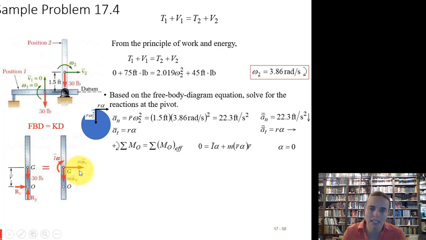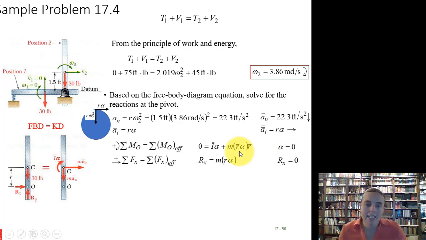You have to get the perpendicular piece of it, that tangential piece of it, remember that's going to be the r alpha. You're looking for the 90-degree relationship there. So there's our r cross ma, and we're going to also add in I alpha, where that's the inertia around the center of mass of it.